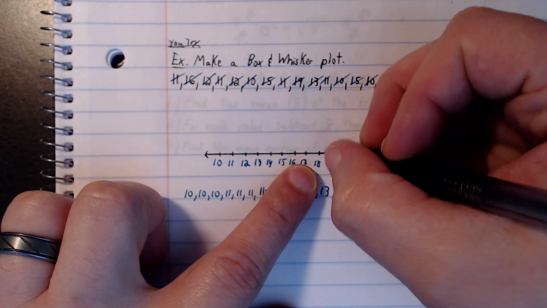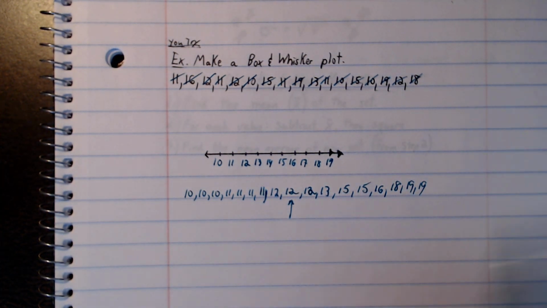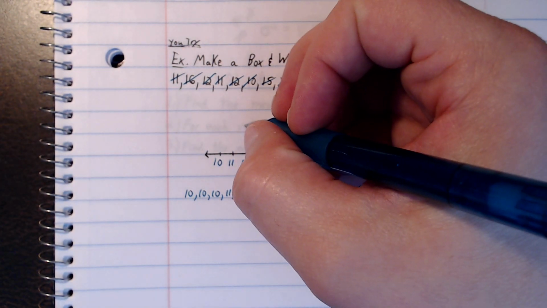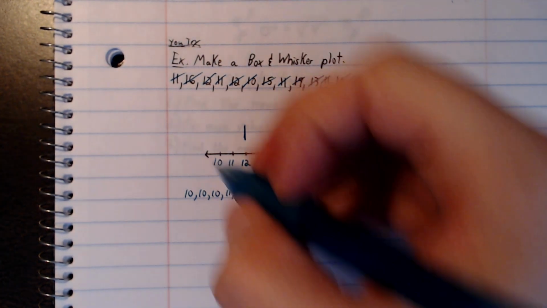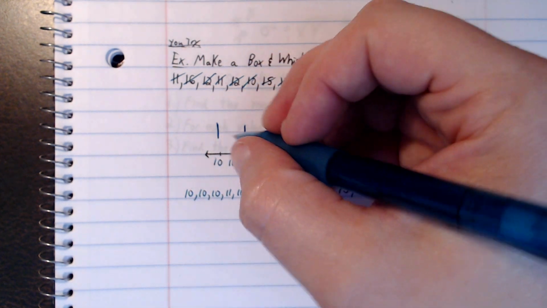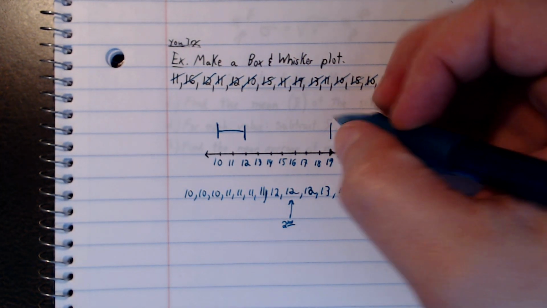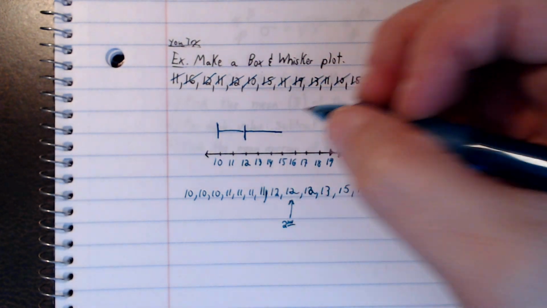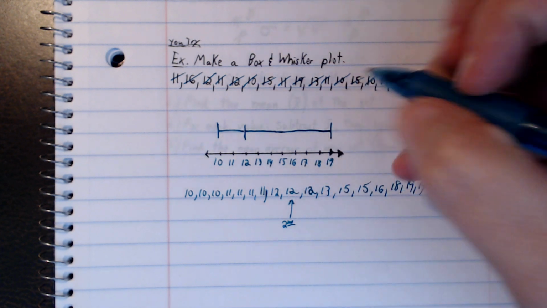Oh, here it is. All right. 19. So we found our median. That's the second quartile. Our end is 10. Our other end is way over here at 19. That's okay, we'll fill in the other stuff in a second.